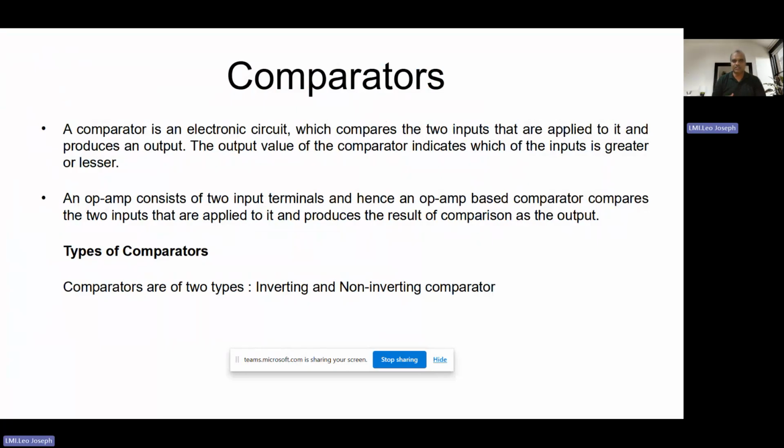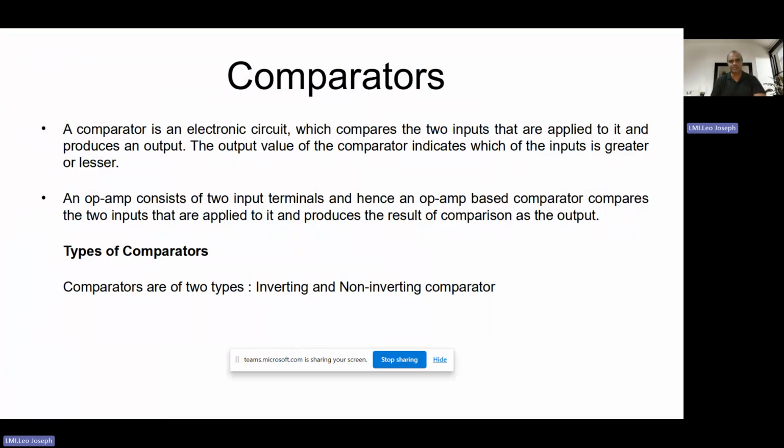When we apply the voltage to its two inputs, it will compare the threshold of these two levels, which is greater and which is lesser. Based on the configuration, it will produce the output either high or low, depending on the biasing input. So basically comparators are of two types: inverting and non-inverting comparator.